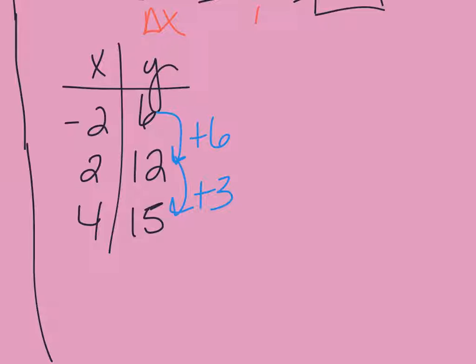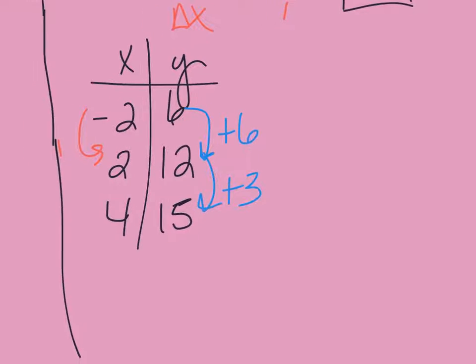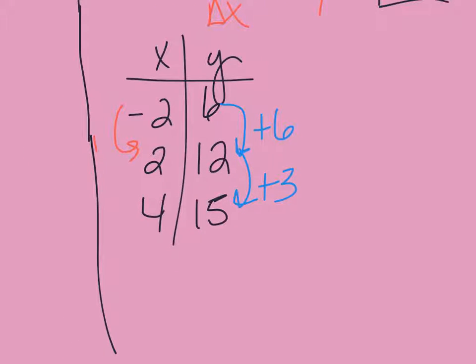So the change in x, that's plus 4. Oops, my goodness, hang on. I have to move over. I got too close to the other side. Plus 4. And this is plus 2. So when I look at my change in y over change in x, no matter which 2 points I choose, it's going to still be constant.